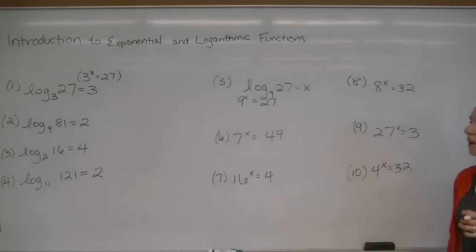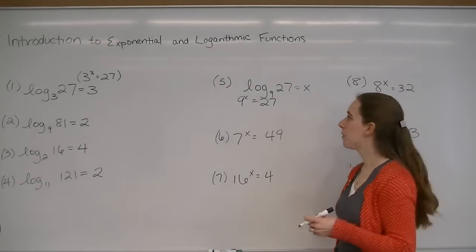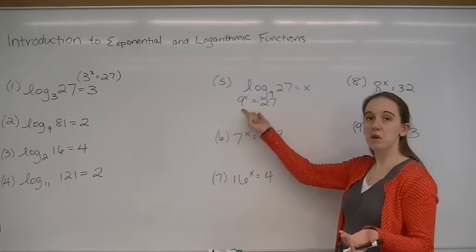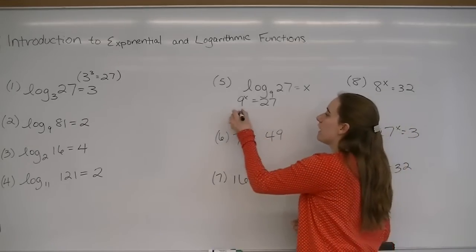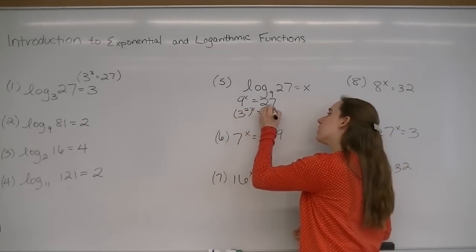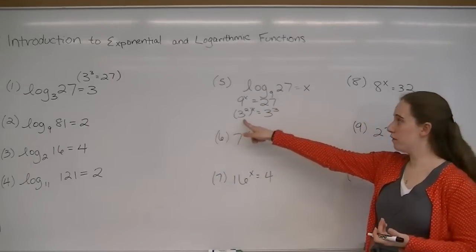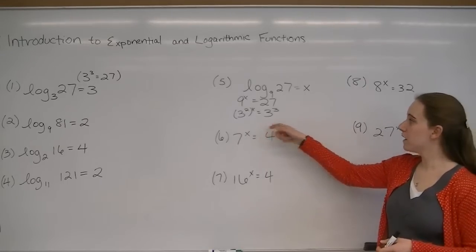Now, is there any connection between 9 and 27? Ideally, some sort of exponent. Well, 9 is 3 squared, and 27 is 3 cubed. So let's rewrite each of those as a power of 3. So 9 is 3 squared, so I've replaced it, and 27 is 3 cubed, so I've replaced that.